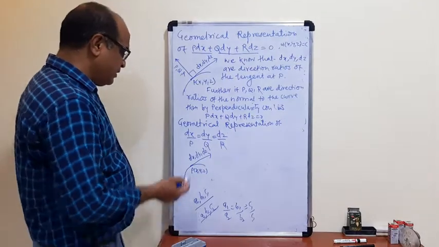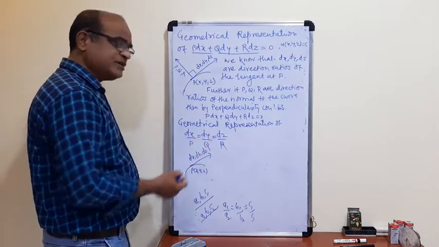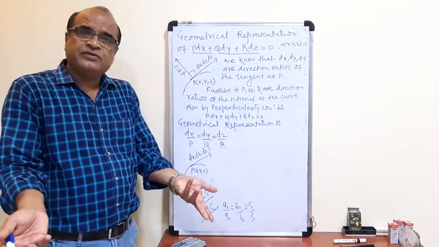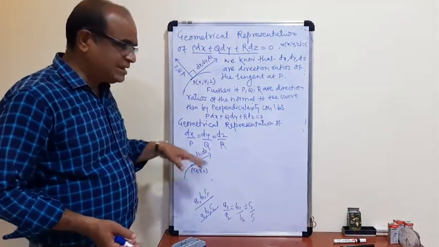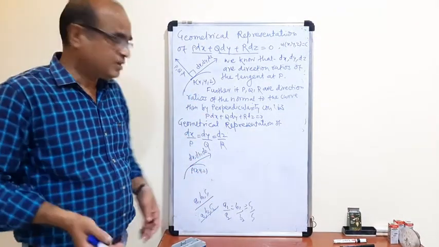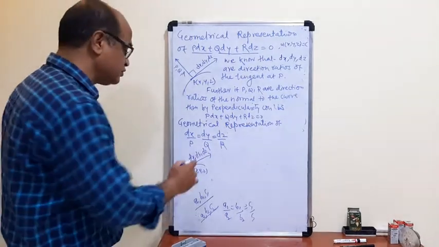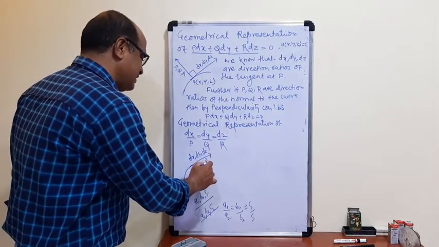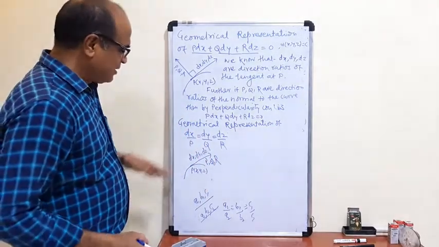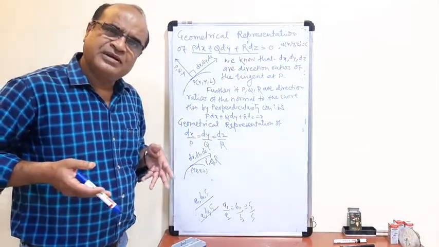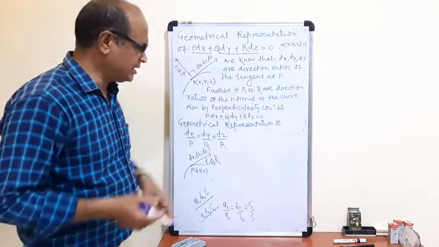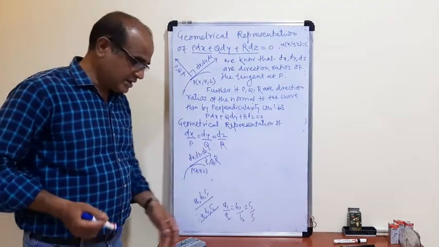So if dx, dy, dz are the direction ratios, and P, Q, R are also direction ratios, and they are in proportion, then the lines are parallel. So P, Q, R are also direction ratios of the tangent, and dx, dy, dz are also direction ratios of the tangent here.